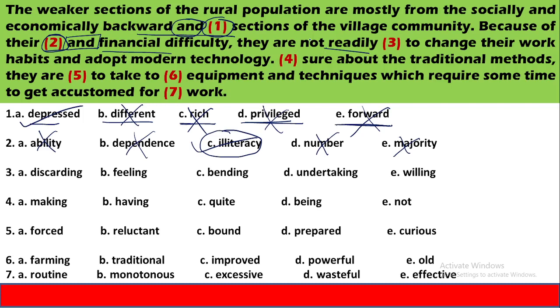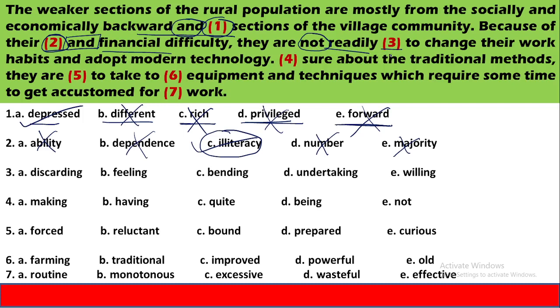Again, here the word not will play a very important role in deciding the meaning of the sentence. They are not readily. It means they are not ready to change their work habit. If we skip this part and try to comprehend the meaning of the sentence, they are not ready to change their work habits.